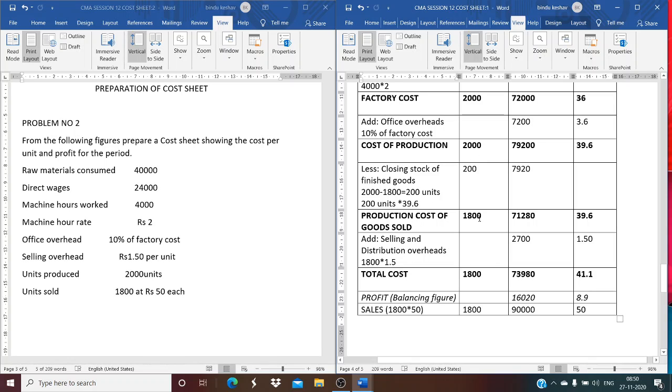We have sold only 1,800 units, and we have found out the total cost. Then we know the sales. Sales is 1,800 units at rupees 50, and finally we have found out the profit, the balancing figure, 16,020 rupees, and the per unit profit is 16,020 divided by 1,800, rupees 8.9.